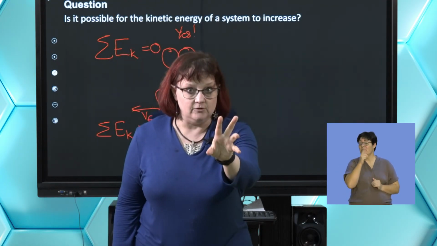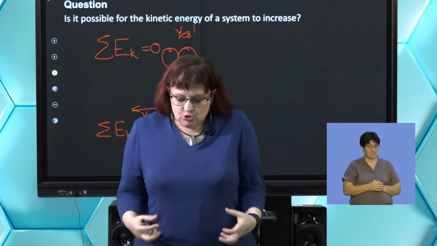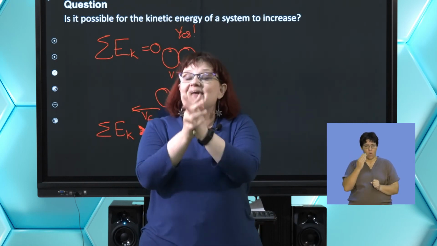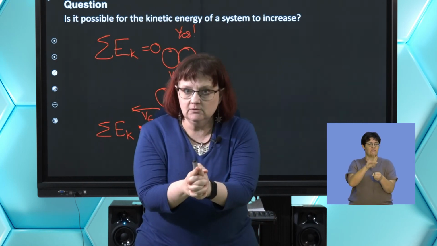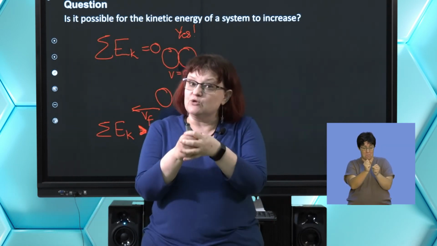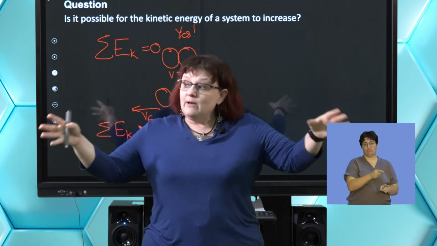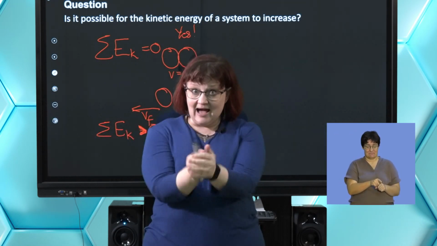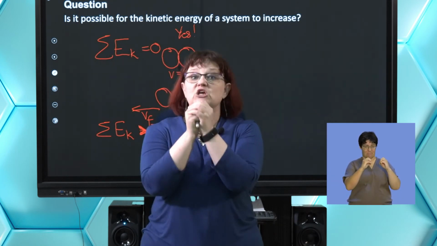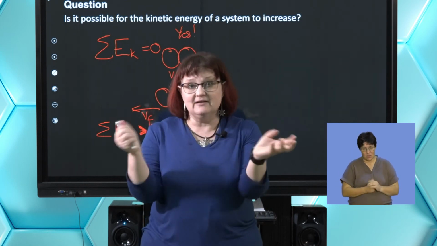So, what am I telling you here? Please be careful. If it is an explosion, where the two objects were one to start off with, it is possible for the kinetic energy to increase if they were stationary at the beginning. When we've got two objects that are colliding, then the kinetic energy can't increase because we're going to lose some to sound and that sort of thing.